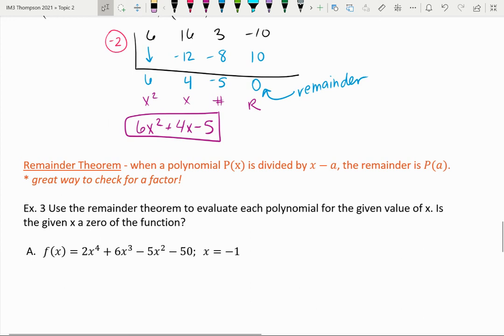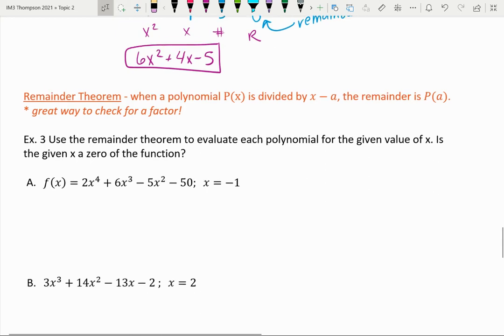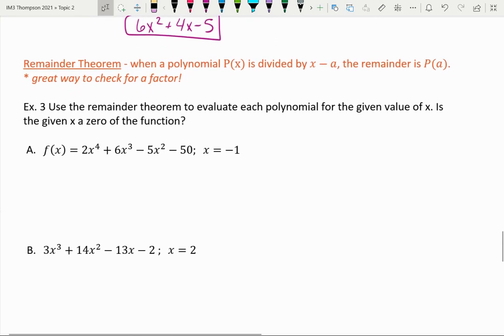The remainder theorem is when a polynomial p of x is divided by x minus a, the remainder is p of a. It is a great way to check for a factor, but that's all it does. It only gives me the remainder. So I would recommend writing down that theorem, and then we'll do 2 example problems.